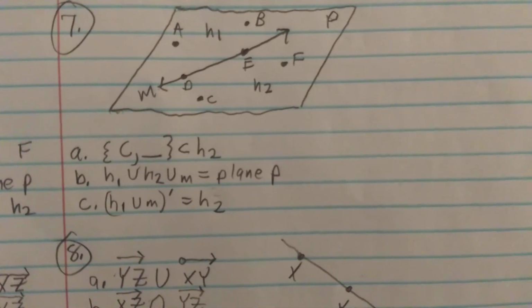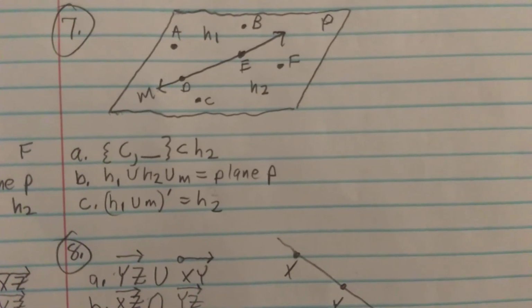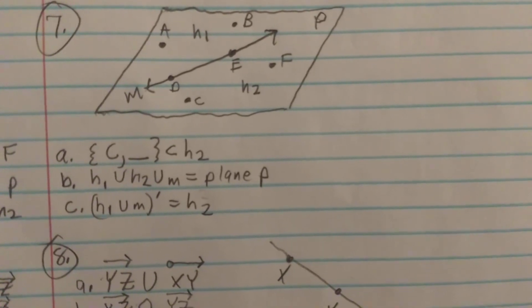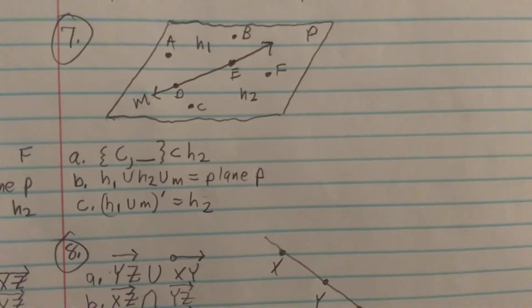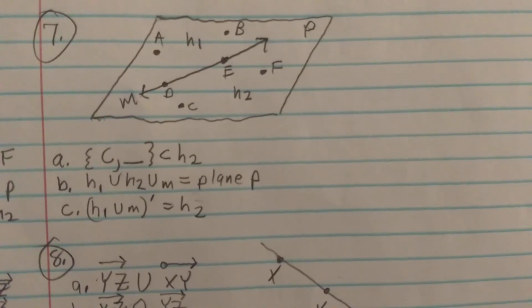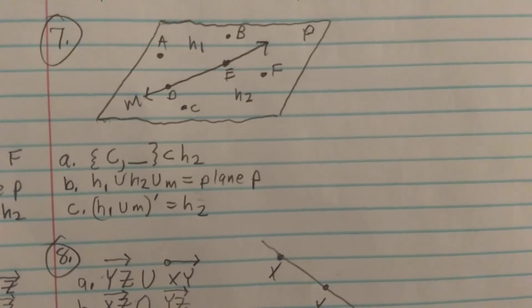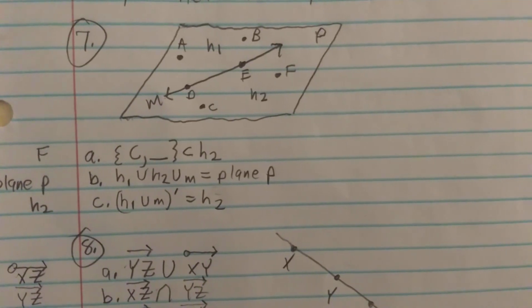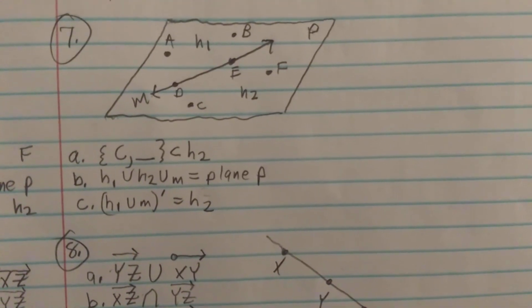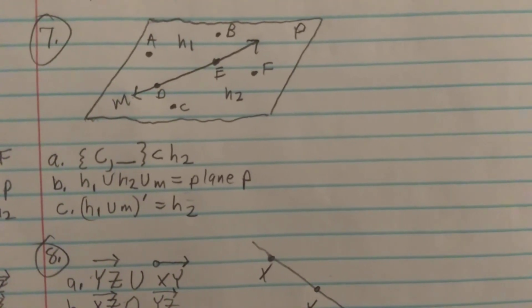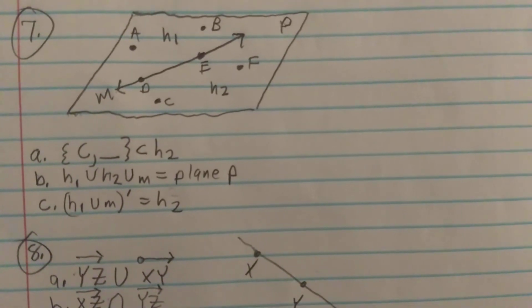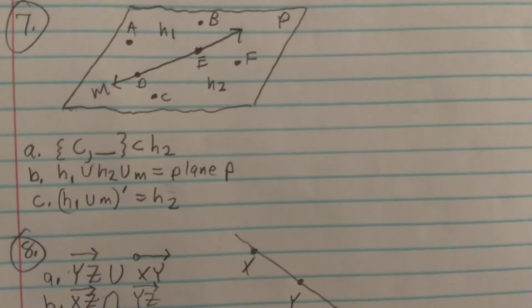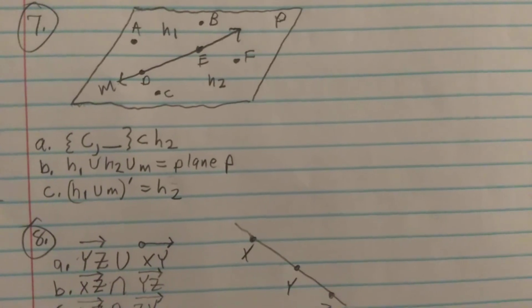Then H1 union H2 union M is the whole plane P, because we need the line separating the 2 half planes as well as the half planes to make the whole plane. And then H1 union M complement, what's left of the plane after we include the upper half plane and the line separating, is just the lower half plane, or H2.